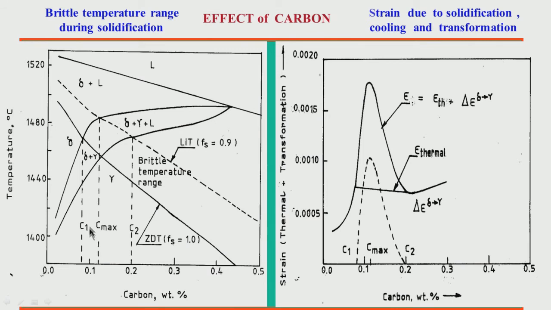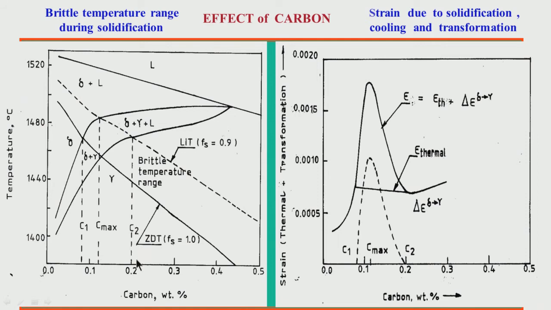So, the significance of these three chemistries, please try to remember: less than C1, say 0.05, 0.04 percentage of carbon, solidification is through delta, and delta to gamma is forming at temperature much lower than solidification.